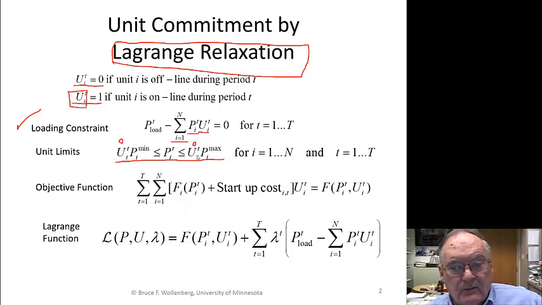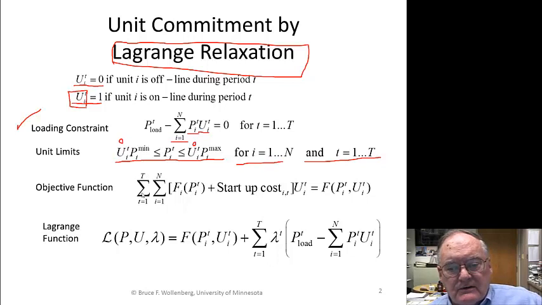It says this one's forced to 0. But it's necessary to have these upper and lower limits in there, and they apply in this case for every unit for every hour. So you've got summing 1 to n and 1 to T.